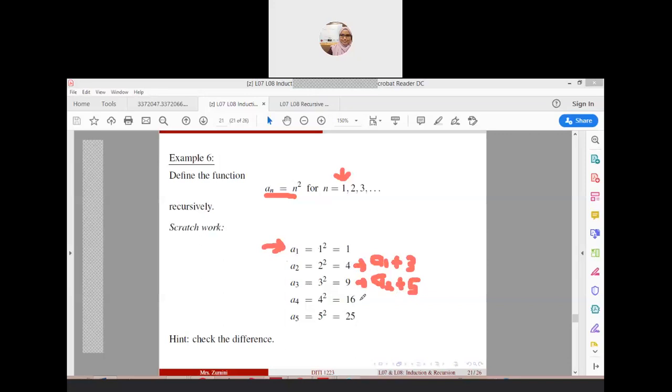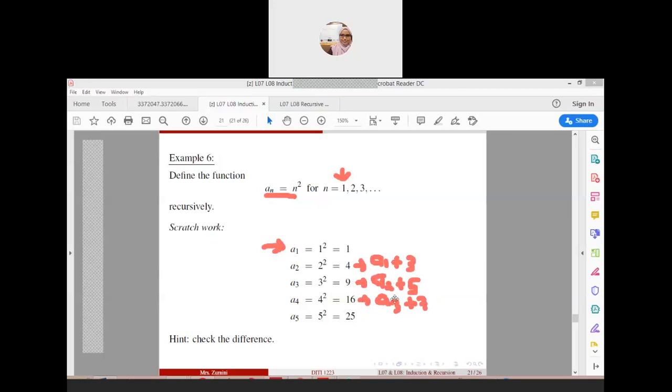Okay, for this, we use the previous value a3. a3, 16 minus 9 will become 7. So 9 plus 7, we can check, it becomes 16.